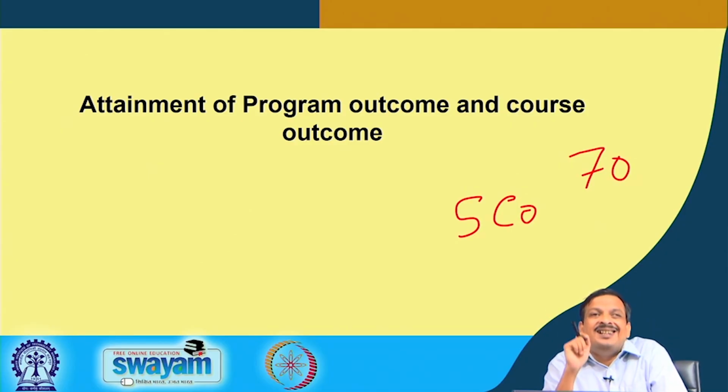That is why it is called attainment calculation. I want to find out that attainment number. So, how do you do that attainment calculation?